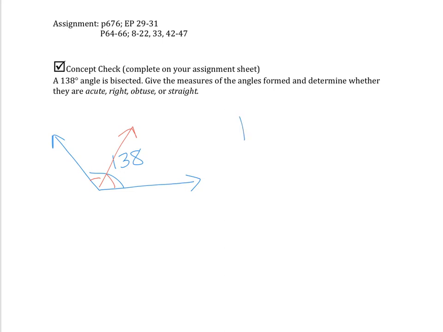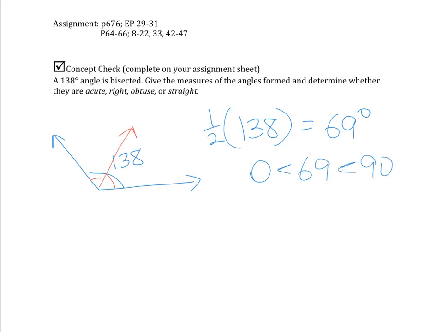Well, each of the angles will be 1/2 of 138, 69, and 69 is greater than 0 but less than 90, which is acute.